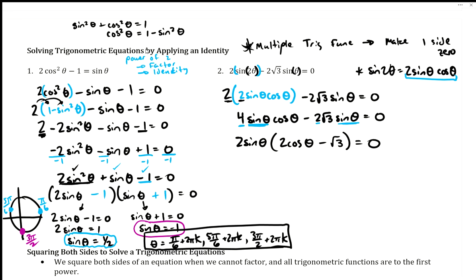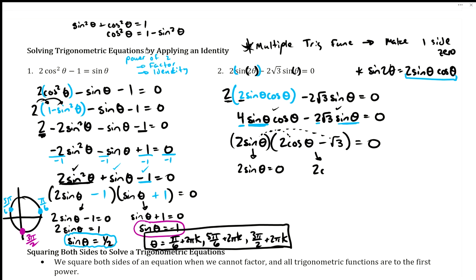If I distribute it back in, it's a match to what's above. 2 times 2 is 4 sine theta cosine theta, and 2 times radical 3 with sine of theta attached. So it's good. Once I've got something factored, I can split those factors equal to 0.